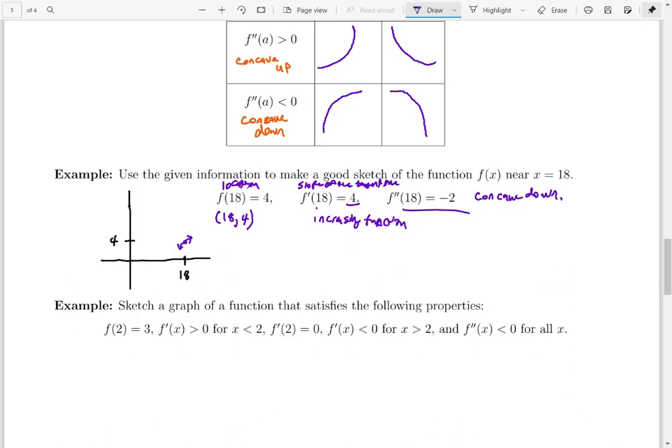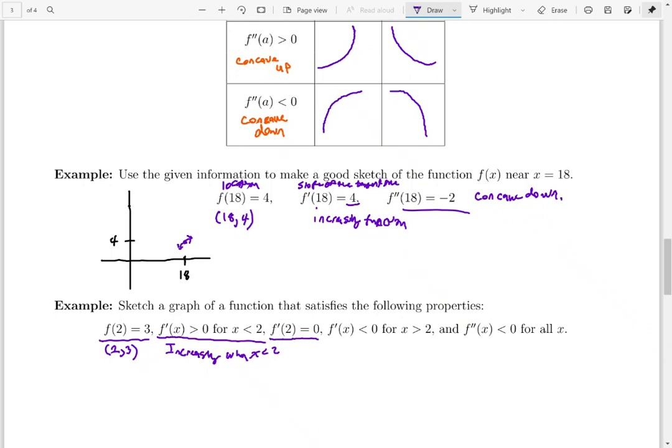But let's consider that if we're given more information, then we could probably get a better sketch. So we have this first thing, f of 2 is equal to 3, so we get the location (2, 3). Then notice that it tells us that f prime of x is greater than 0 when x is less than 2. Specifically, this is increasing when x is less than 2.